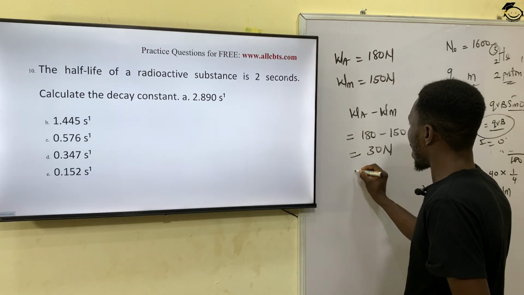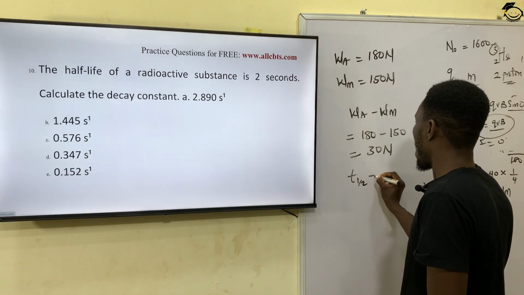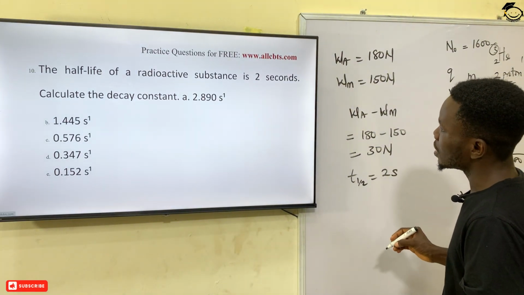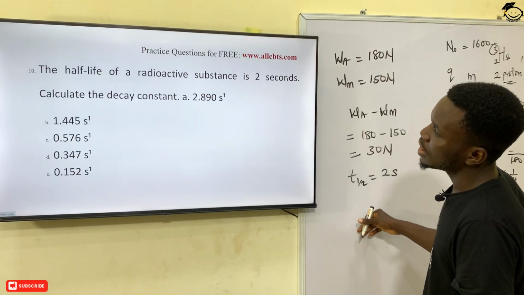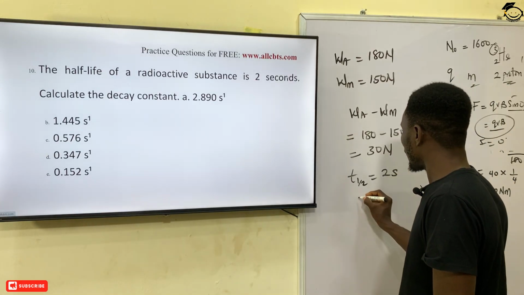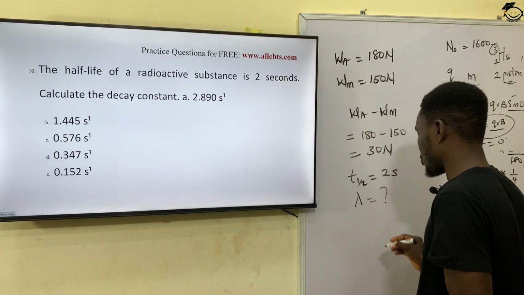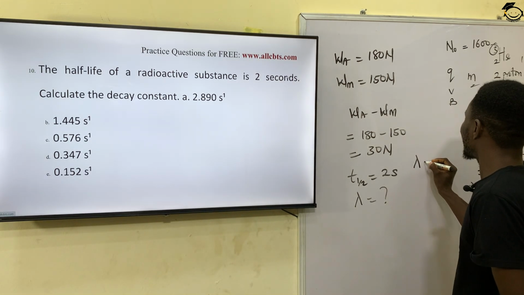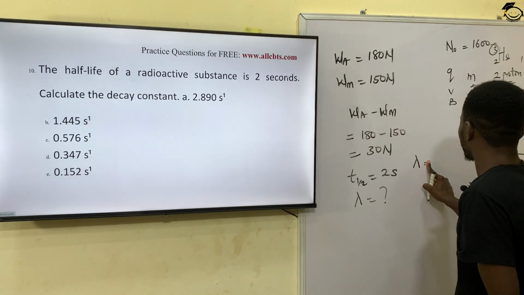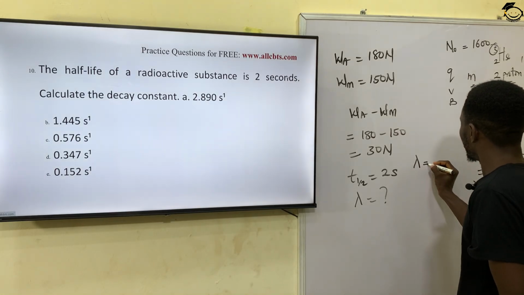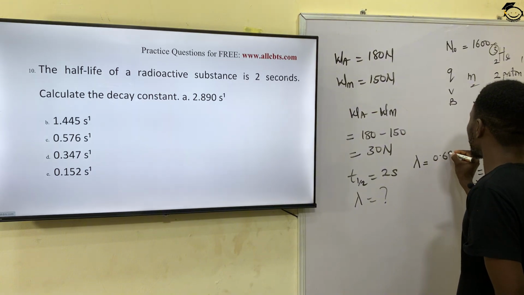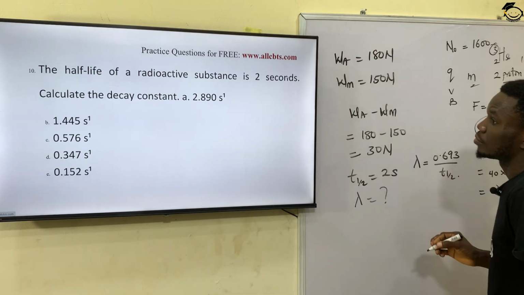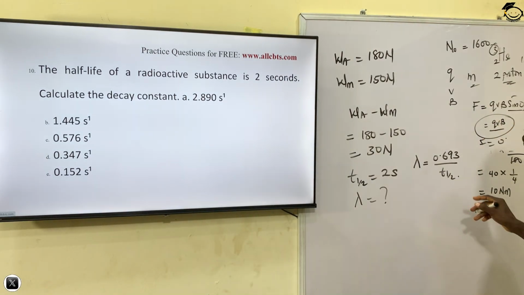seconds. So they've given us the half-life, T half, as 2 seconds. Calculate the decay constant. So we are looking for lambda, which we do not know. And we know that our lambda, or my decay constant, is equal to 0.693 over T half.